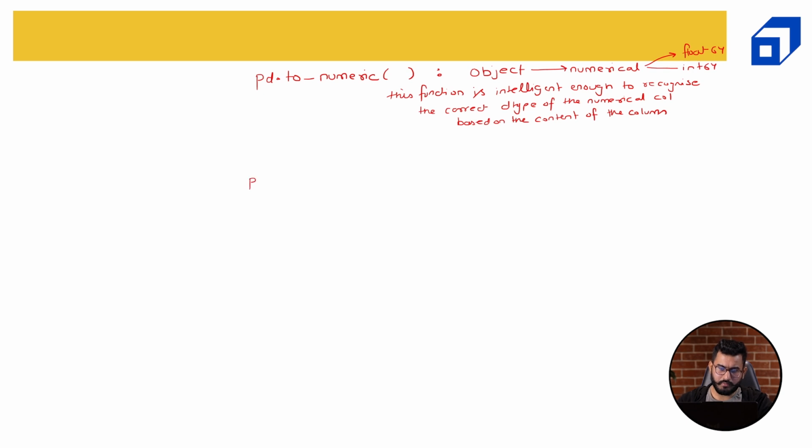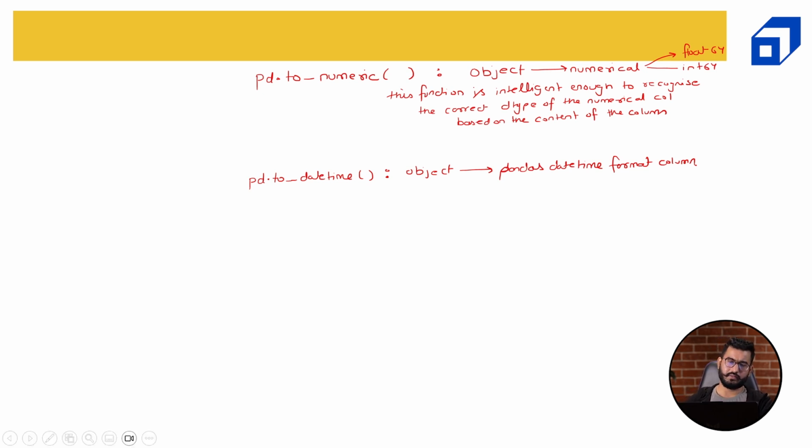There is one more function, which is known as pd.to_datetime. The objective of this function is to convert an object column into a Pandas datetime format column. Let's try to utilize this function.